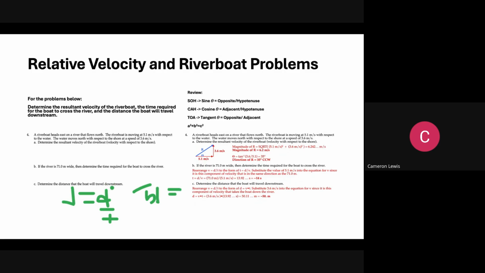Then set that equal to the distance, 71 here. And then come here. So now you get T equals 71 over 5.1, which then gives you about 14.